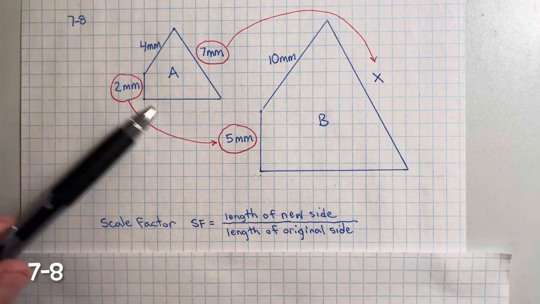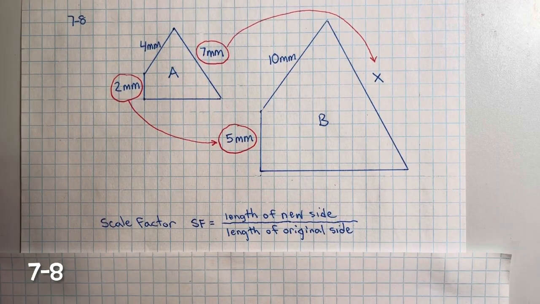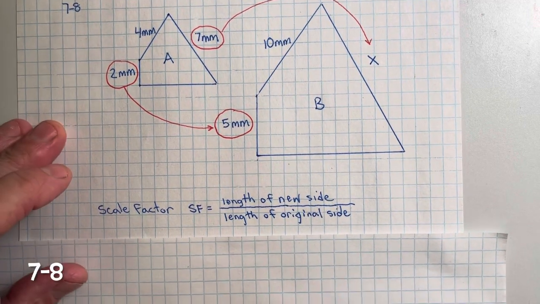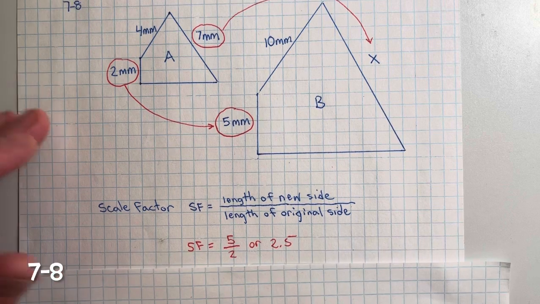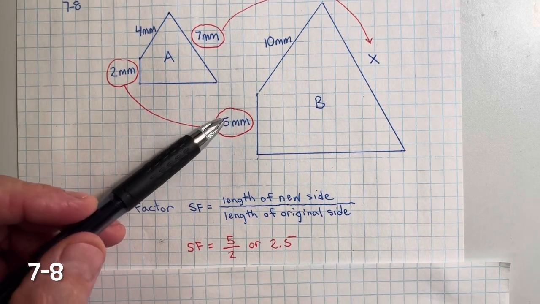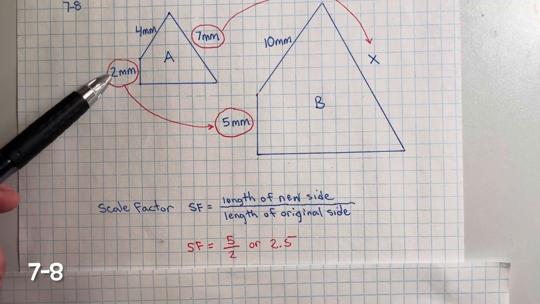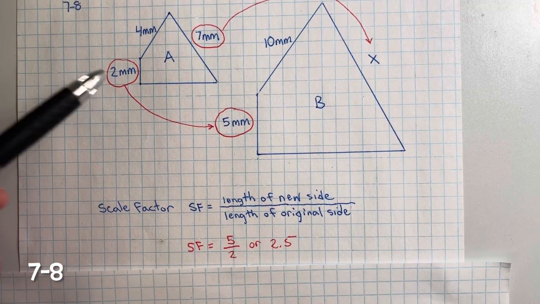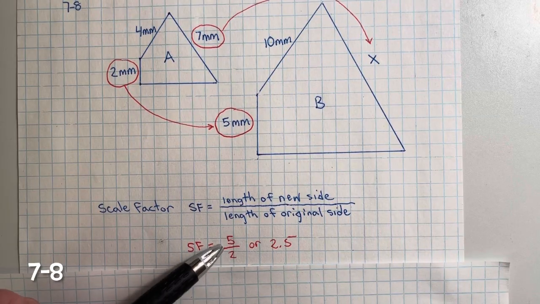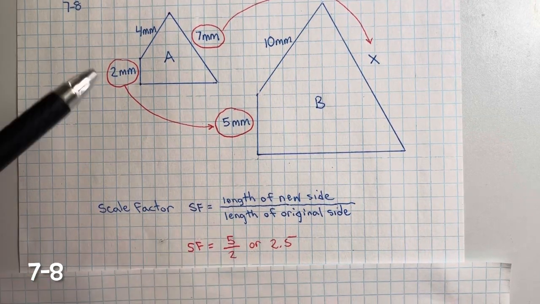And A is the original polygon. So we have the length of the new side, which is 5, over the length of the original small side, which is 2. So we have a scale factor of 5/2 or 2.5.